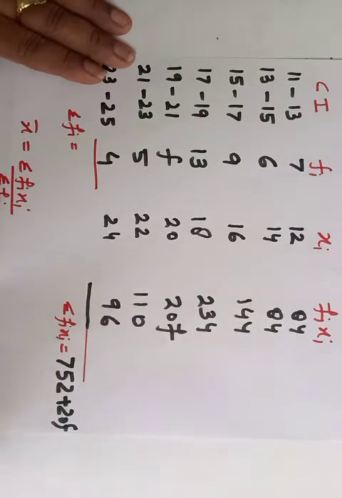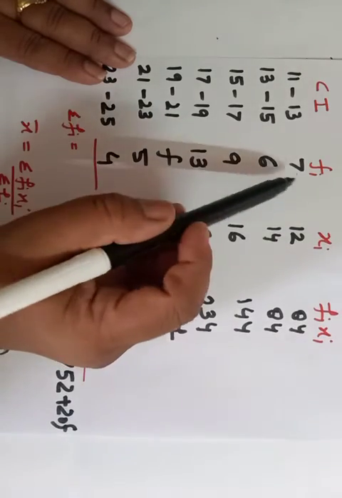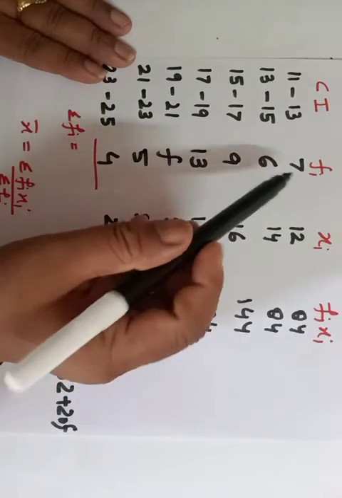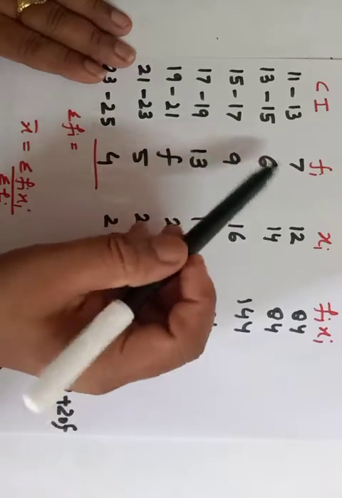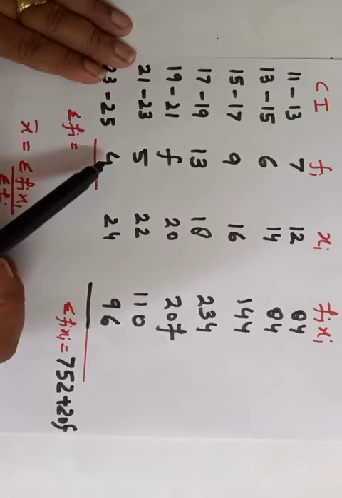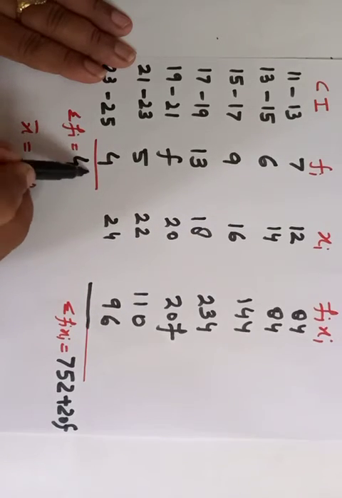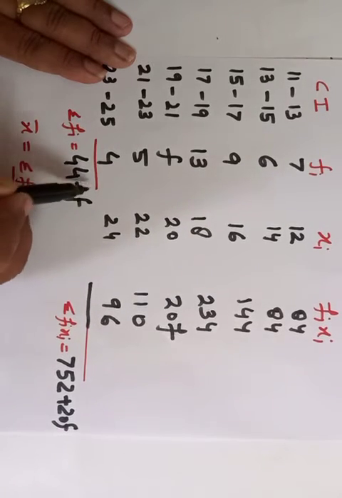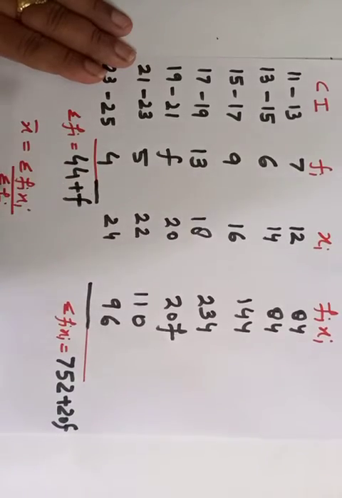Don't leave this, this is very important. Again we will find the summation of fi, adding all the frequencies: 7 plus 6 plus 9 plus 13 plus 5 plus 4 will equal 44 plus f. Don't leave this f.